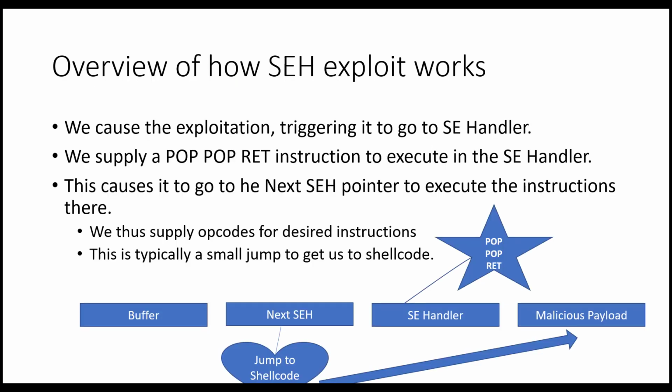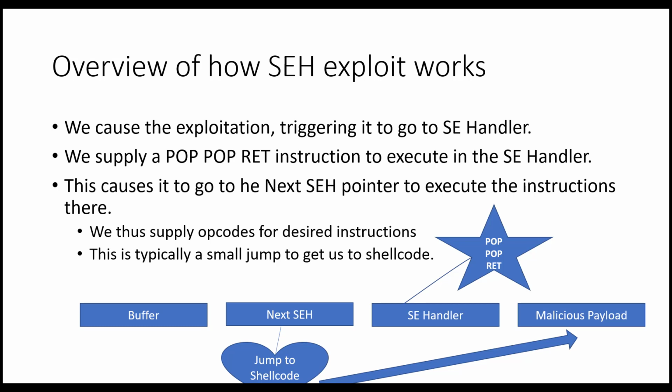So this slide here provides probably a little bit better explanation in terms of everything that's going on. So we cause an exception, exploitation. We trigger it to go to the SEH handler. And then at this location, the SEH handler, we can provide a gadget or an address that links to a pop ret.